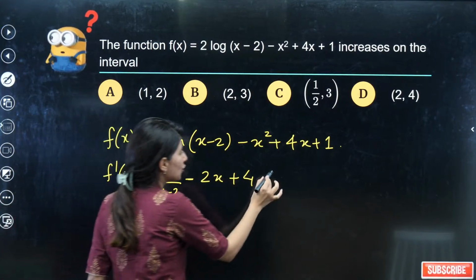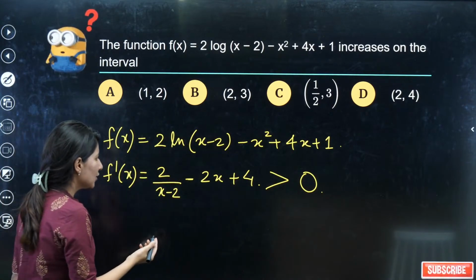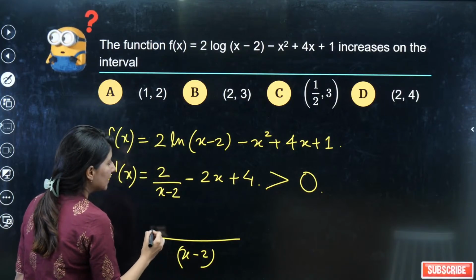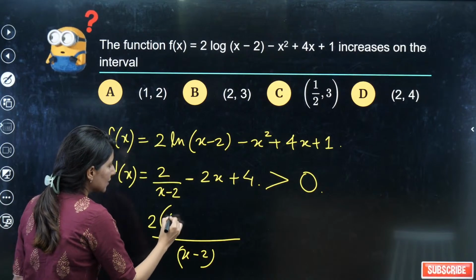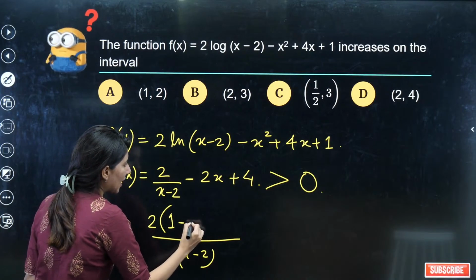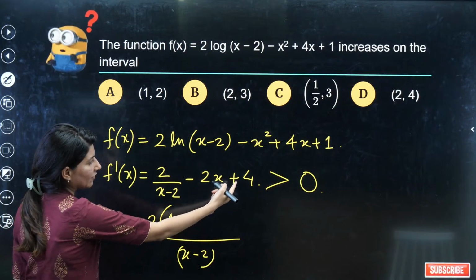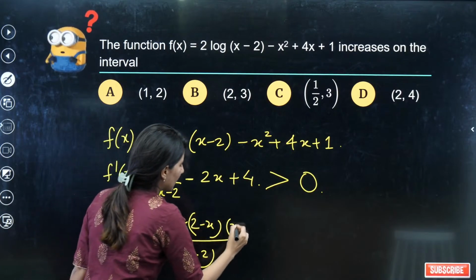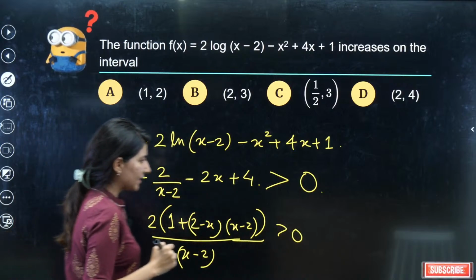And now you want to check in what interval my f dash x is greater than 0. So first you have to take the LCM, x minus 2. Then 2 minus x times x minus 2 is greater than 0. Now multiply it out.